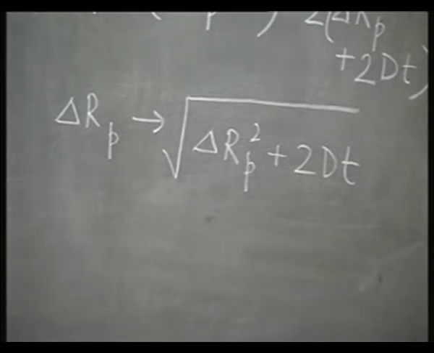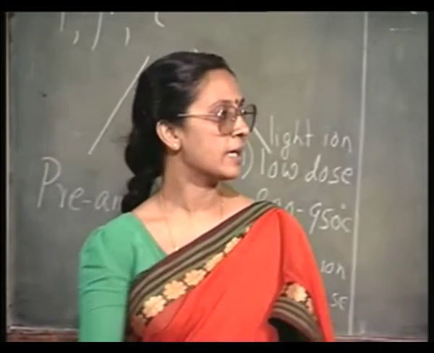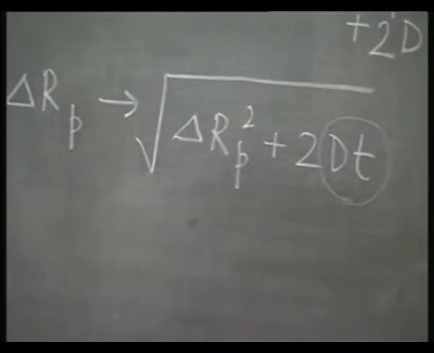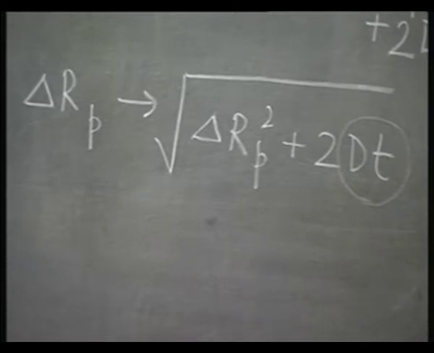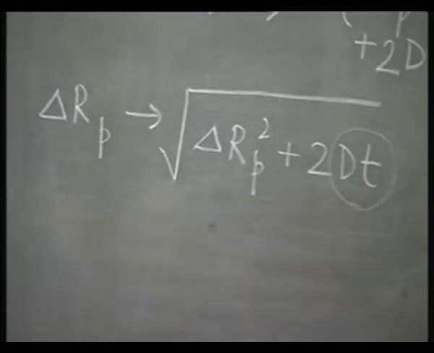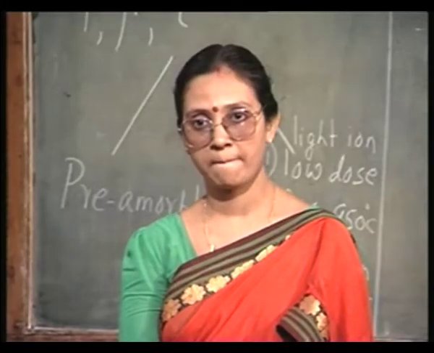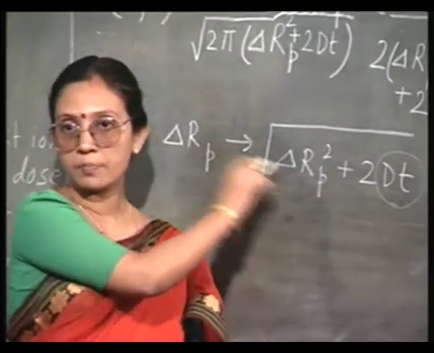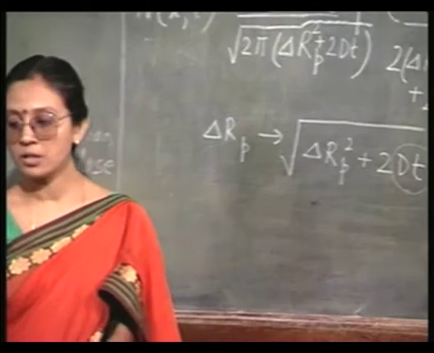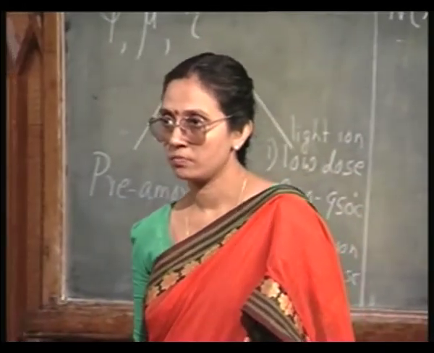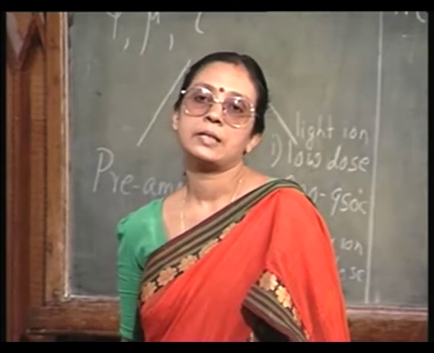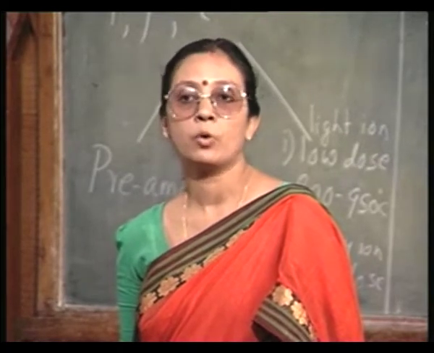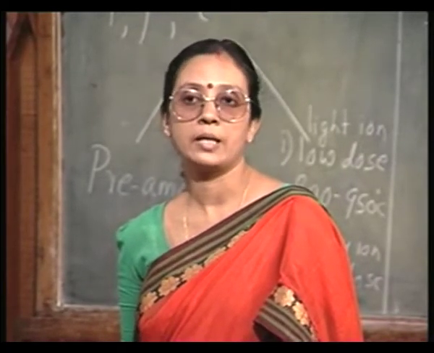So, unless this term becomes really very large, there is no major change in the shape, in the nature of the doping concentration profile. Only when Dt is much greater than delta Rp square, so that this term begins to dominate, would you see an appreciable change. But there is a possibility that the ion implantation profile can get modified to a certain extent when you carry out the annealing.